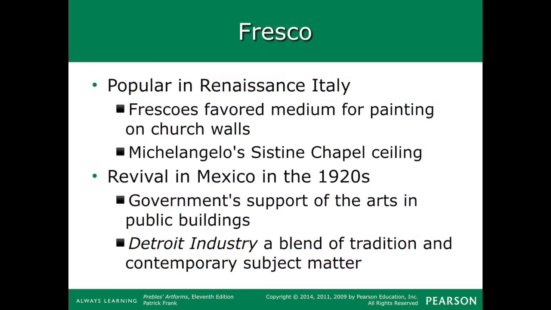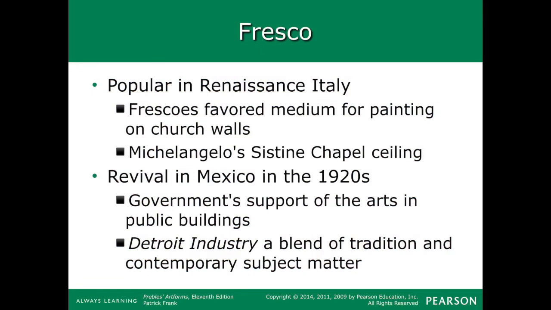So the work that we just looked at, the Detroit Industry, is a blend of traditional and contemporary subject matter. In other words, when it comes to Diego Rivera's work in general, he likes to talk about the indigenous part of Mexico. You'll see things like the native Mexican livelihood, with their agricultural lifestyle, and then they will show images of what is happening at the time.